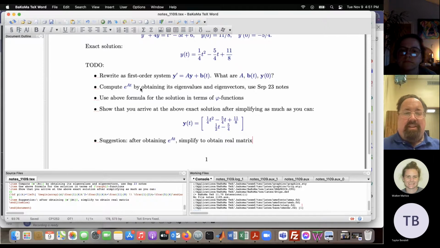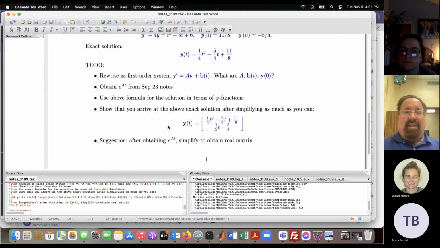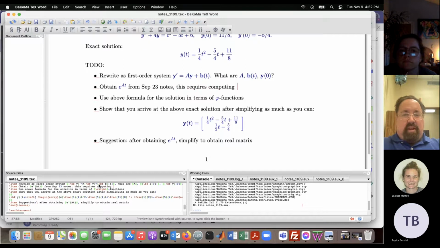I guess really, I'm going to rephrase this. There already is a formula for e^(At) in terms of its eigenvalues, so you don't have to go to the trouble of, well, oh, sorry, I goofed. Since the eigenvalues are part of the solution formula, you do need the eigenvalues.